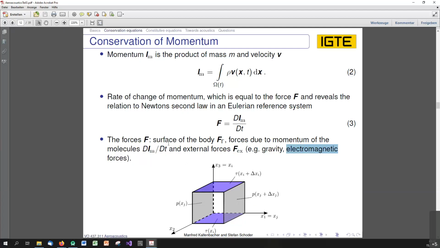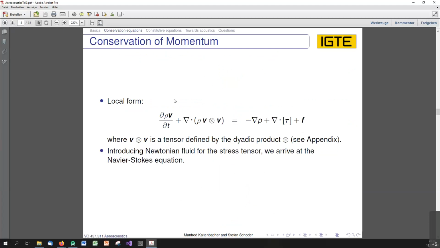Okay, having these ingredients, the definition of the momentum, that we can relate the change of momentum with the applied forces and what type of forces we have, we can then derive the conservation of momentum in its local form, again as we have it here. On the left side, it looks complicated, but it is not so complicated.